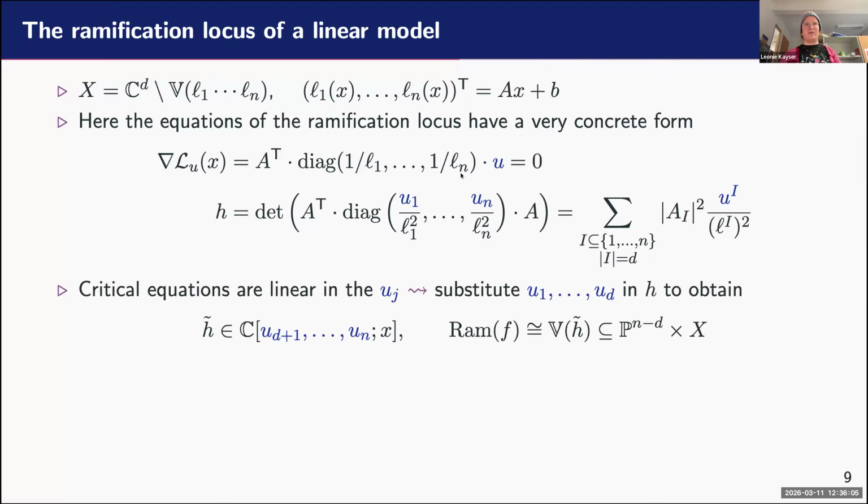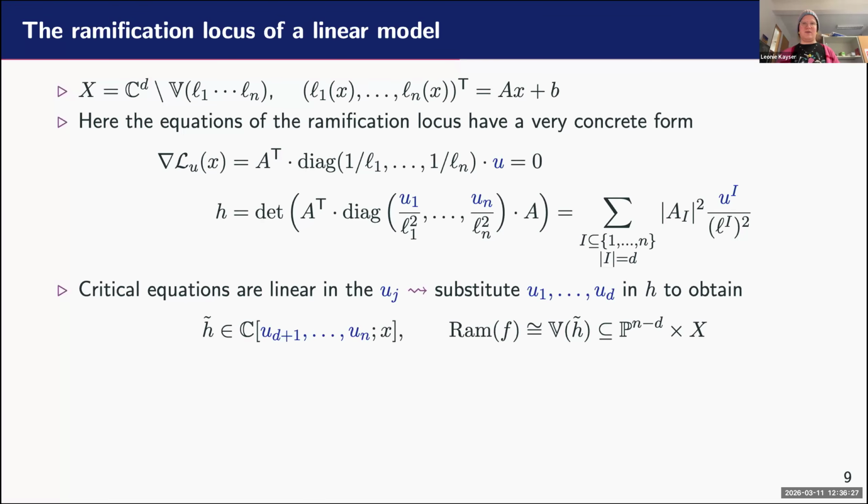And if you observe this equation, the critical equations here, they are linear in the u_i or u_j. So you can just rearrange them to express u_1 up to u_d in the other u's. So we can just substitute them away, and we obtain a polynomial h tilde in the remaining variables.